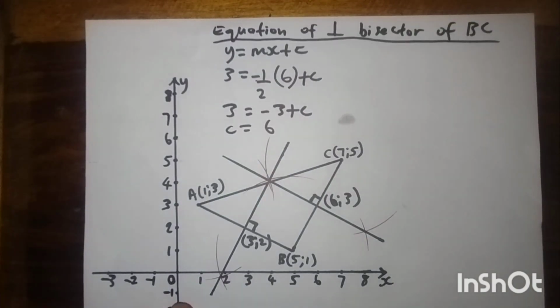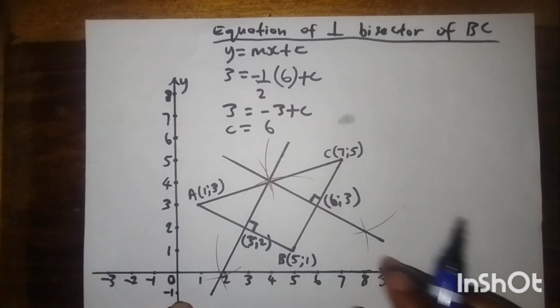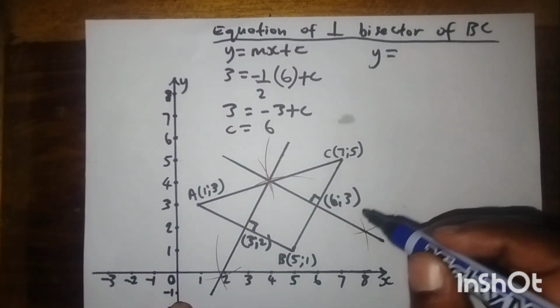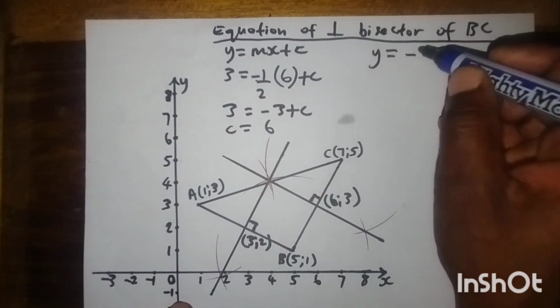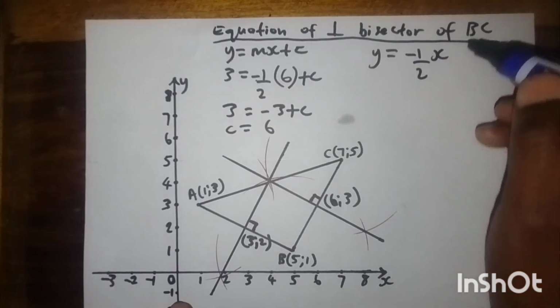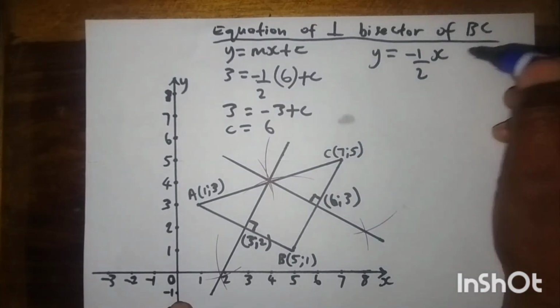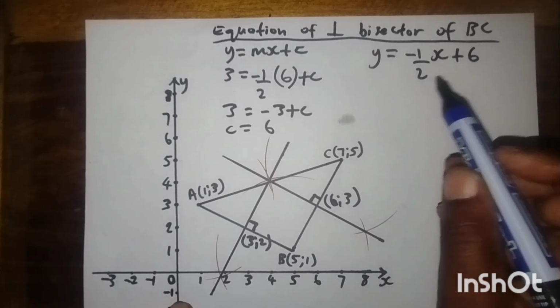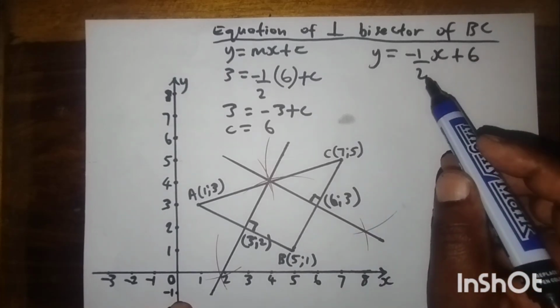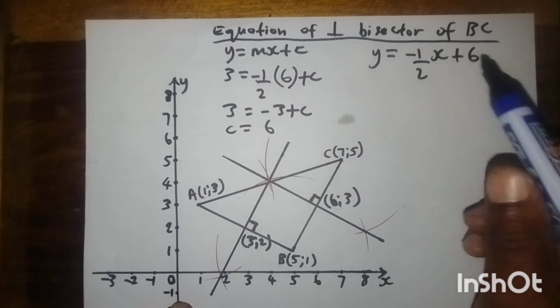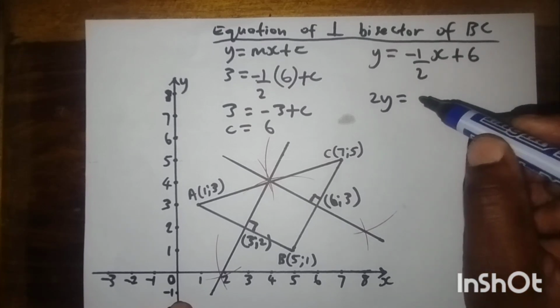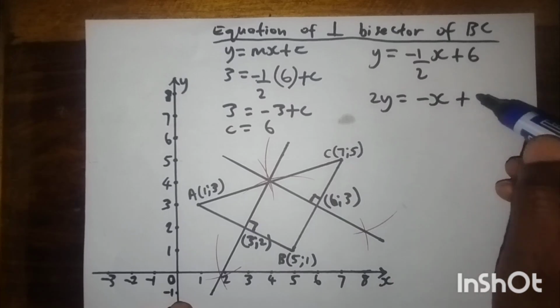So the equation of this line, which is the perpendicular bisector of BC, is given by y equals minus half x plus 6. I want to remove this fraction, so I'll multiply throughout using the LCM, which is 2. So it becomes 2y equals minus x plus 12.